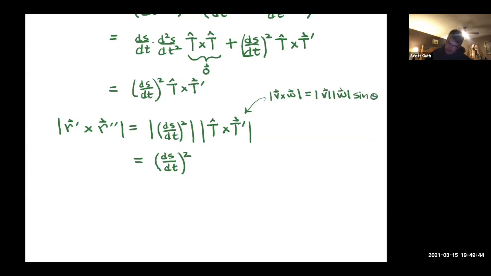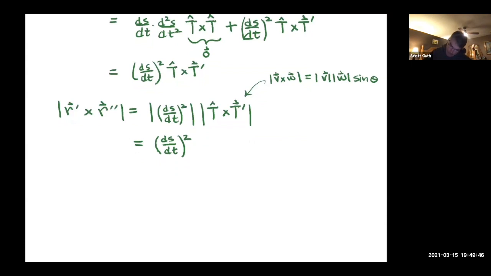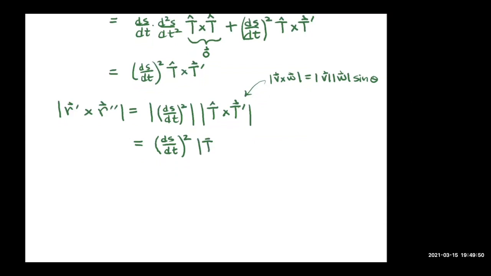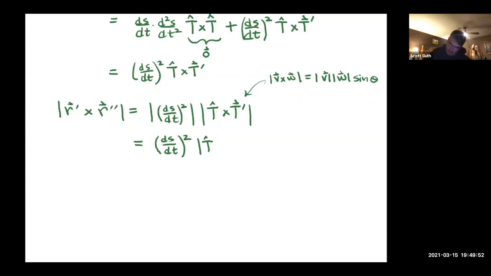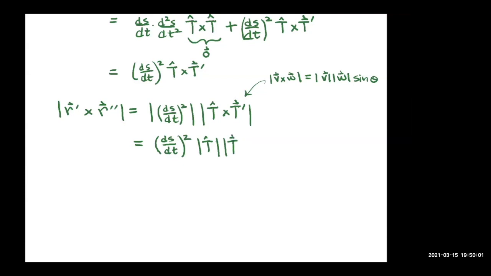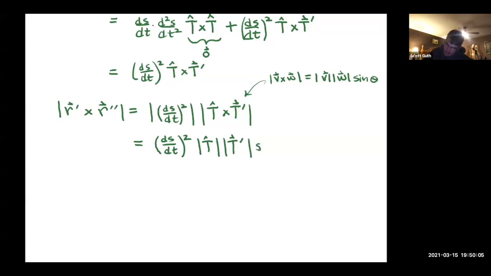So I'm going to use that now. I'm going to write the magnitude of T hat times the magnitude of T prime times the sine of the angle that separates them. Now, what's theta?